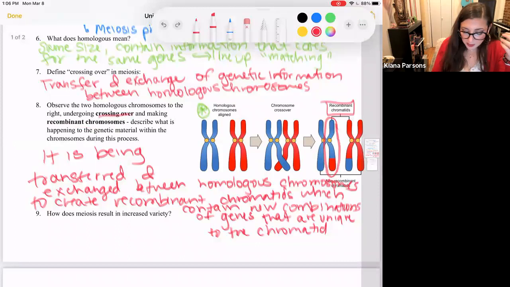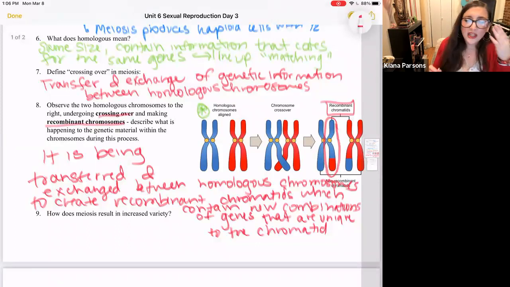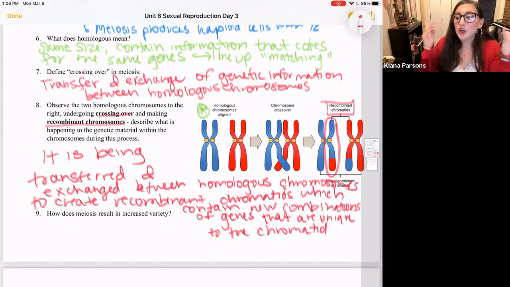As far as for Regents purposes, the only thing you would likely be asked about this process is how it impacts genetic diversity, which is that it creates new mixtures of genes. In the case of mitosis, obviously, we are creating exact copies, exact duplicates of the DNA. So there's no novel genes being produced, unlike in meiosis, where we create these recombinant chromatids.